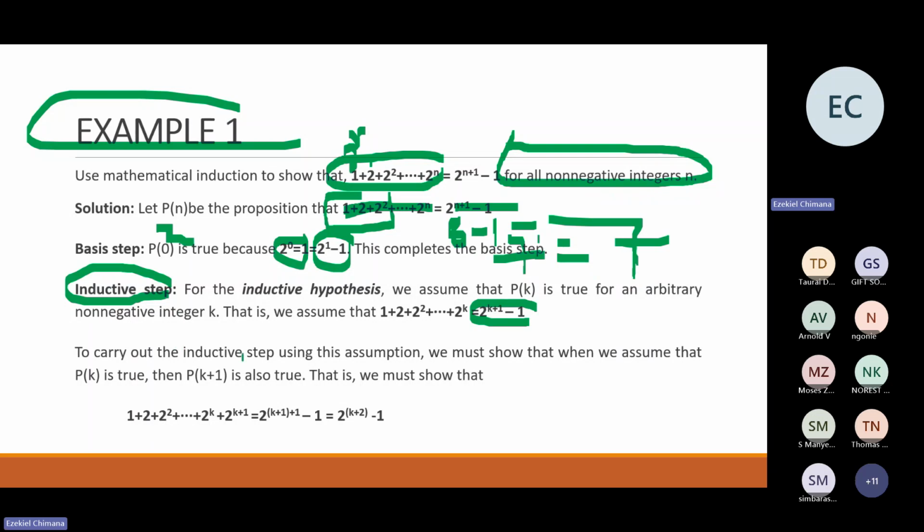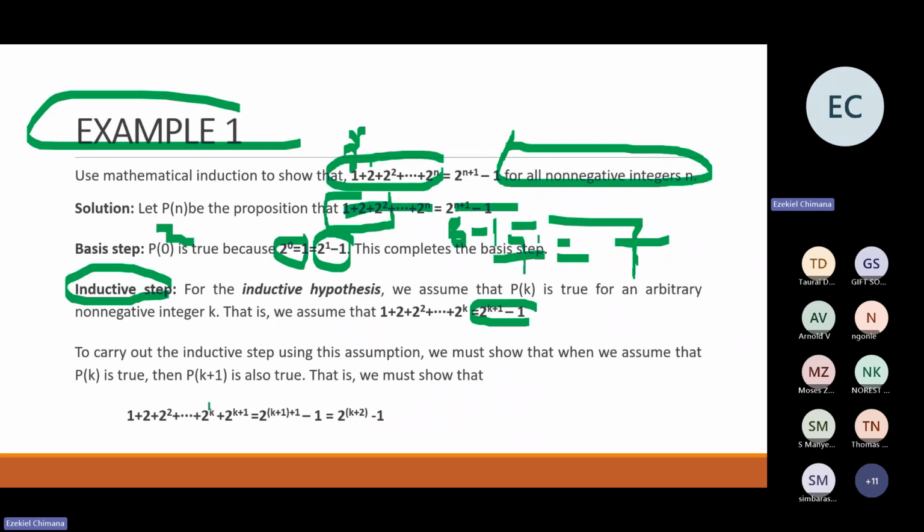So to carry out the inductive step using this assumption, we must show that when we assume that P of K is true, then P of K plus 1 is also true. So in other words, whenever this one is true for P of K, it must also be true for P of K plus 1. So we are also going to take this one and put K plus 1 for n.